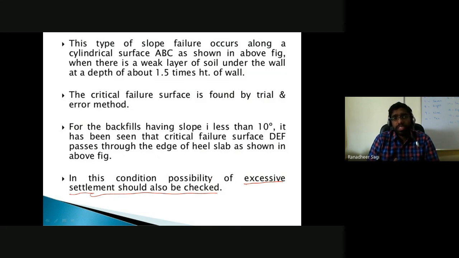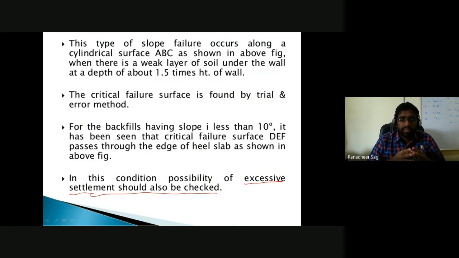In the case of Coulomb's earth pressure theory, we have also talked about the condition of friction existing between the retaining wall surface and the adjacent soil. And we have also understood the basic difference between Rankine's theory and Coulomb's theory.